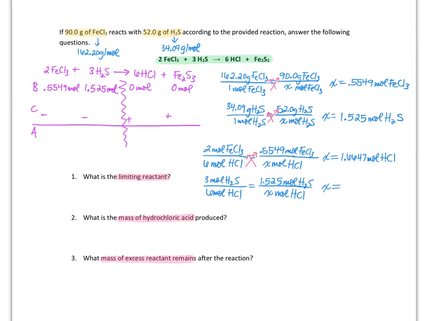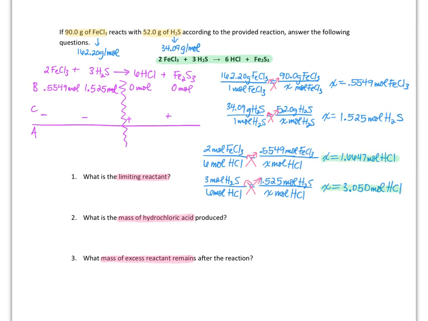So, cross multiply, divide. We're going to take our moles of H2S times 6 divided by 3, which is going to give me 3.050 moles HCl. Okay, so these are the two numbers that we want to compare. I'm going to take a second and highlight these.